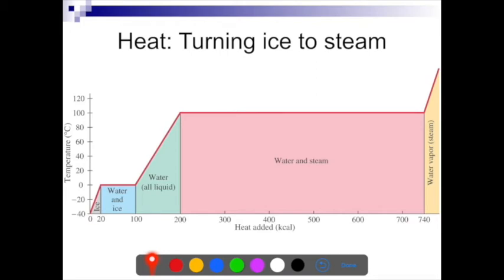When heat is added to ice, notice that its temperature will increase. It goes from negative 40 degrees Celsius up to 0 degrees Celsius. 0 degrees Celsius is the melting temperature of ice.